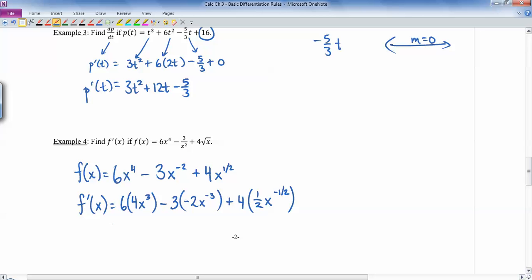And so then we'll clean that up just a little bit. We get 24x cubed plus 6x to the negative 3, which is 6 over x cubed, and then plus 4 times a half is 2, and then the x to the negative half is like over root x right there. So there's f prime.